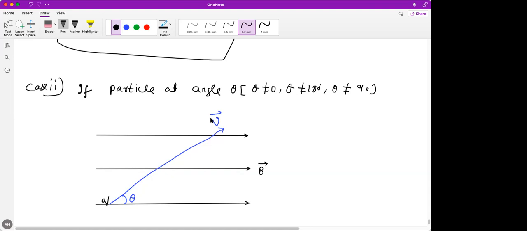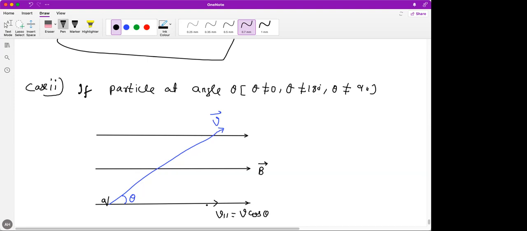Just get the component of V parallel to the magnetic field. Resolve V. Take one component which is parallel to the magnetic field. I'm asking about the component, resolution of vector.